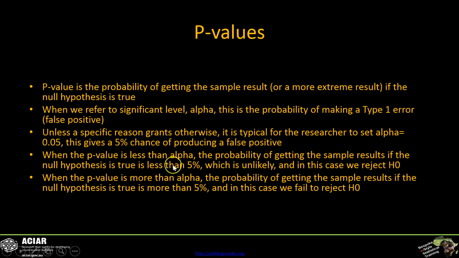When the p-value is less than alpha, the probability of getting the sample's result, if the null hypothesis is true, is less than 5%, which is unlikely, and in this case we reject the null hypothesis. When the p-value is more than alpha, the probability of getting the sample result, if the null hypothesis is true, is more than 5%, and in this case we fail to reject the null hypothesis.